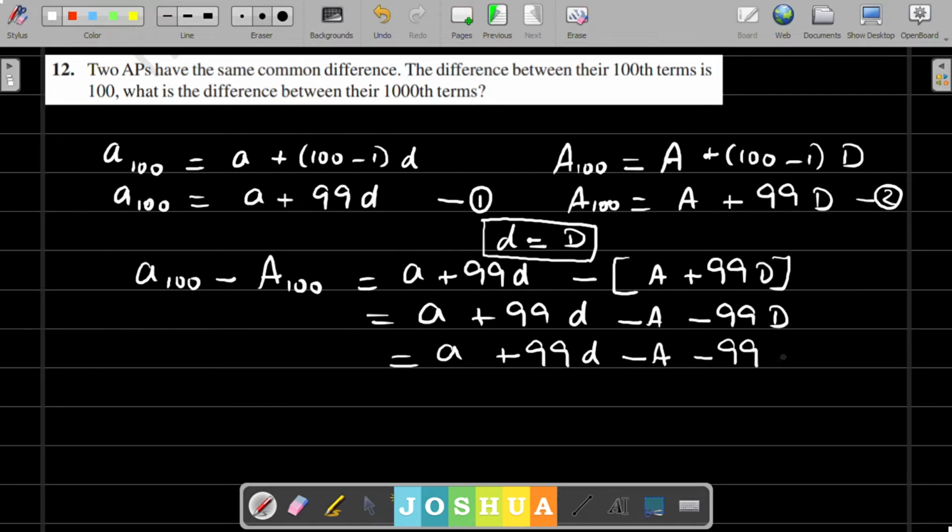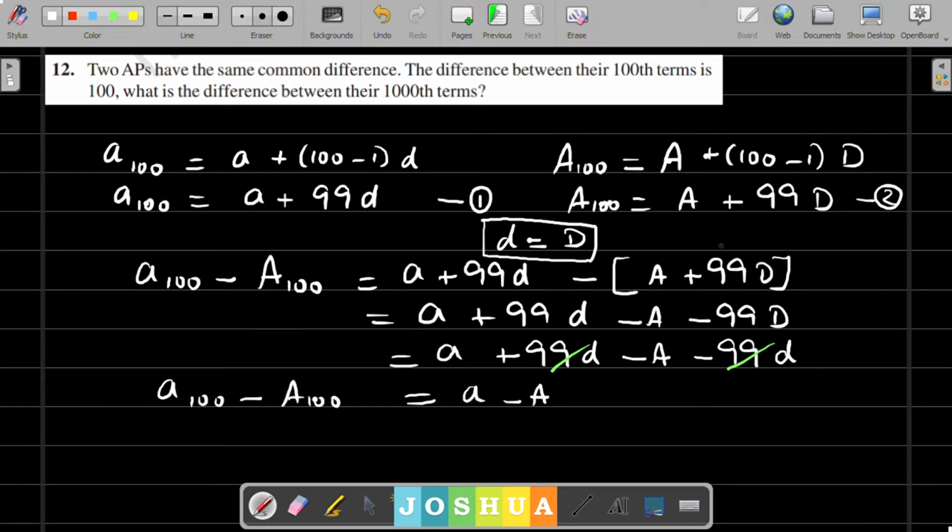So now I have a plus 99d minus A minus 99, and instead of capital D, I am writing small d here. So the 99d and minus 99d cancel each other, and finally we have the expression small a minus capital A.